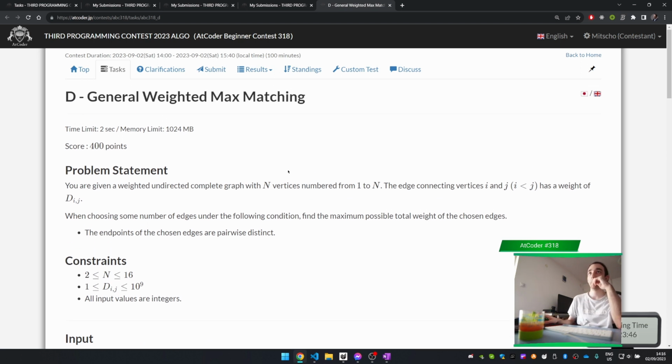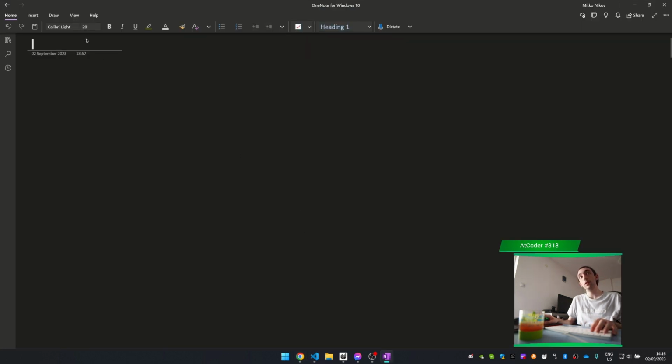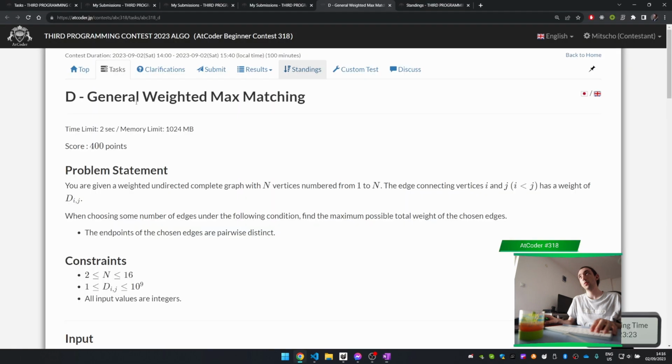General weighted maximum matching is... I will need to remember my algorithms. General unweighted.